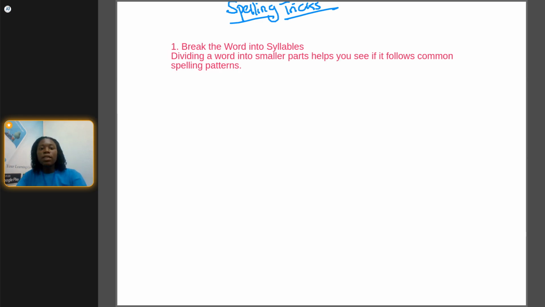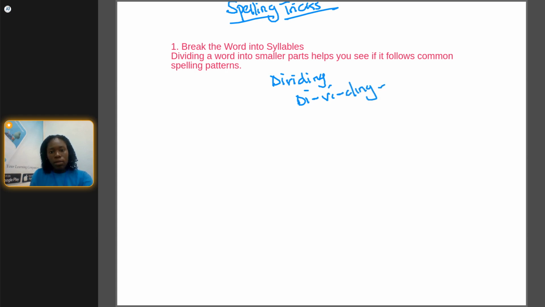It says break the word into syllables. Dividing a word into smaller parts helps you see if it follows a common spelling pattern. Do you understand what syllable means? You can have the word "dividing", and you need to break it into syllables: di-vi-ding.